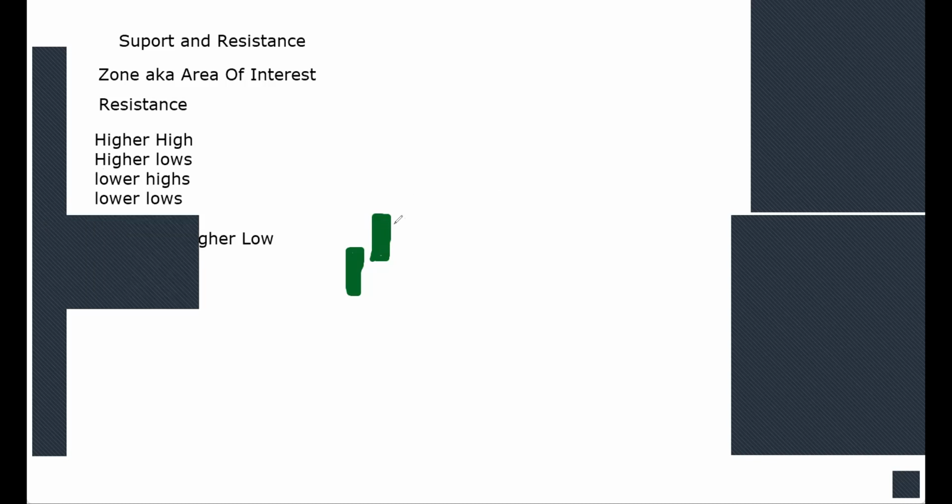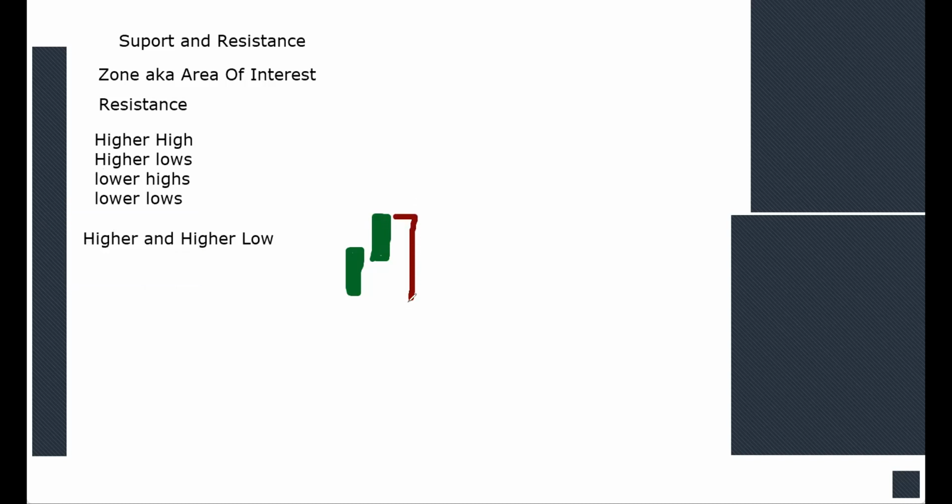So let's say you get a candle and it does this. This would be a bearish engulfing. So you have a bullish engulfing and you have a bearish engulfing.